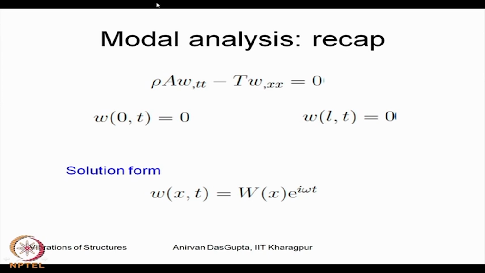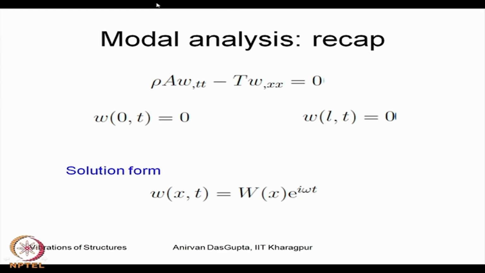For the problem of the string, this is a self adjoint problem as we have discussed. So, W, the amplitude function, is real, and so we have a solution which we wrote as a combination of the real and the imaginary parts of exponential i omega t.